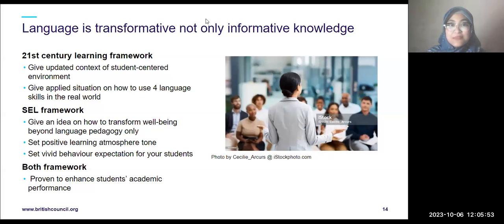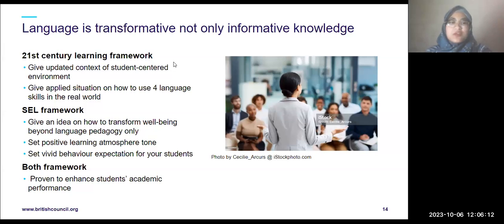So that's about SEL and the 21st century learning framework. The 21st century learning framework gives you the context basically, and SEL gives you the right environment to crack your language teaching journey.